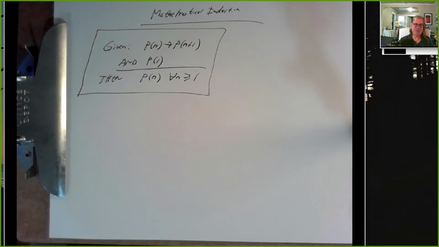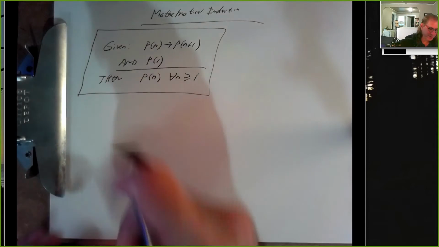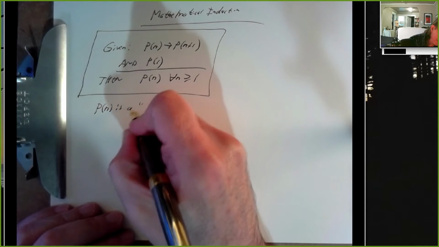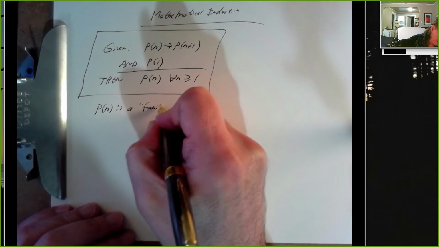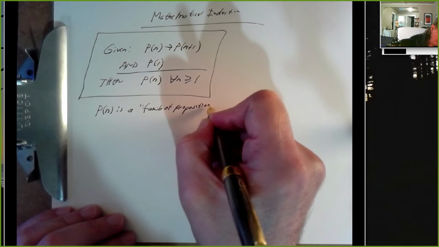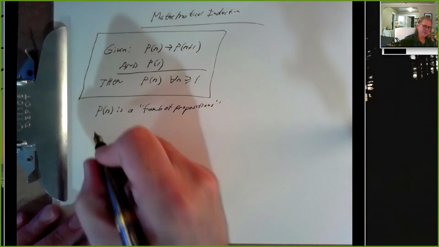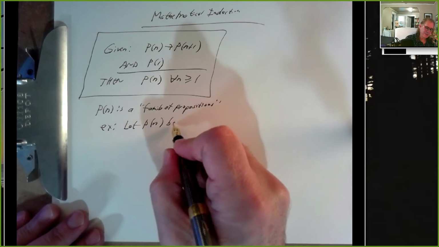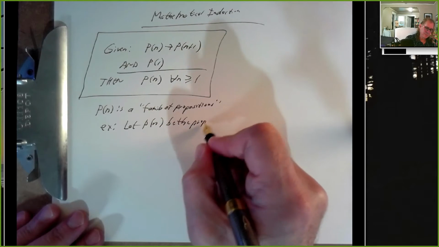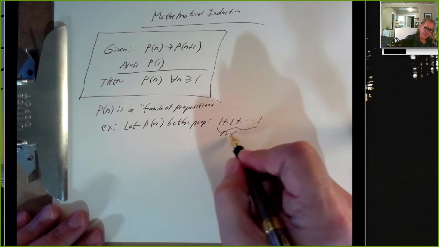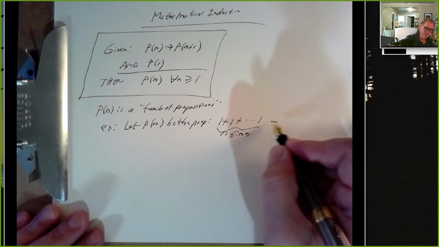First of all, what is P of n? P of n is one of these families of propositions like we talked about with quantifiers. So P of n is a family of propositions. For example, let P of n be the proposition 1 plus 1 plus 1, n times, equals n.